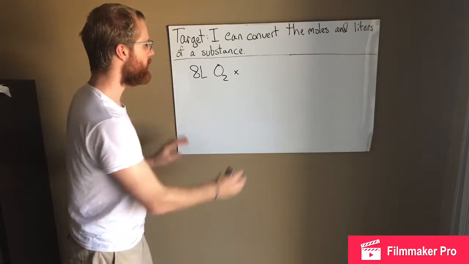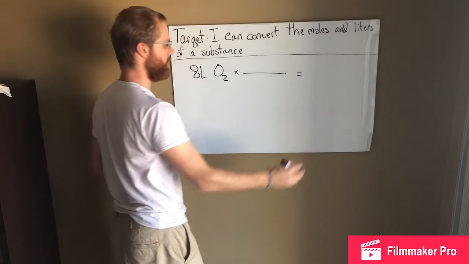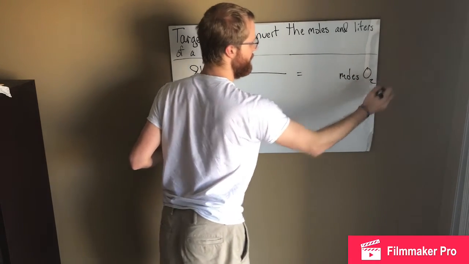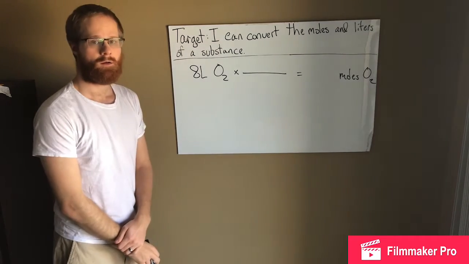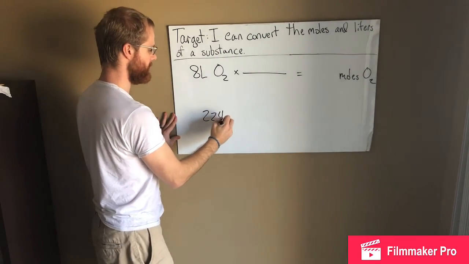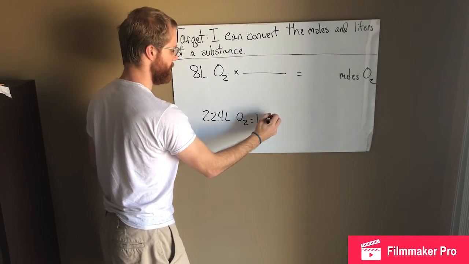So once again, we're going to multiply it by a conversion factor in order to figure out how many moles of O2 we have. All right, so we know there's 22.4 liters of O2 in 1 mole of O2.